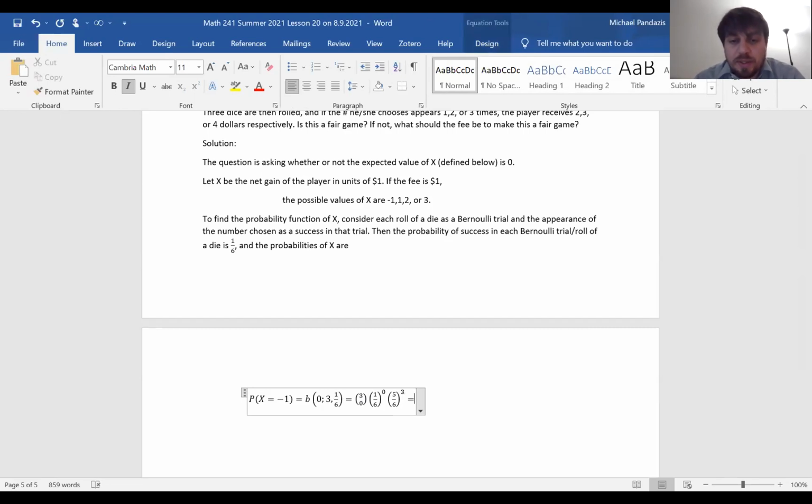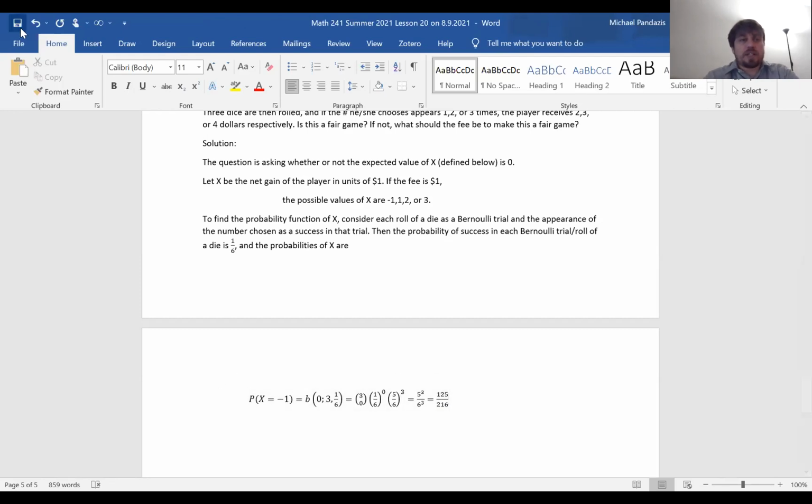And when you multiply all this out, you get 5 cubed divided by 6 cubed. And so that's equal to 125 divided by 6 cubed, which is 216. So the probability that X equals -1, that your net gain is -1, is 125 over 216.